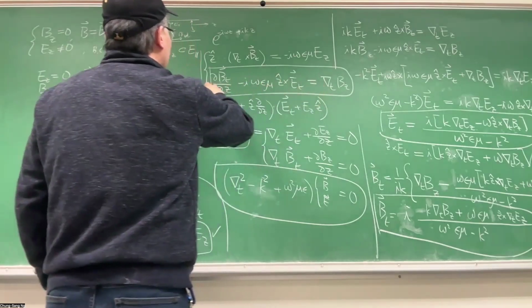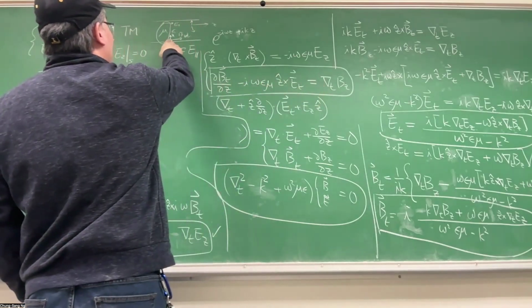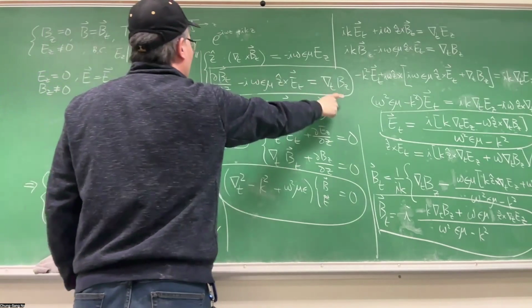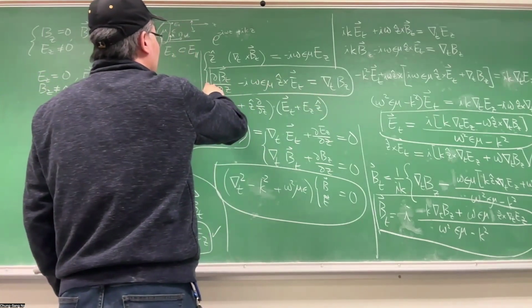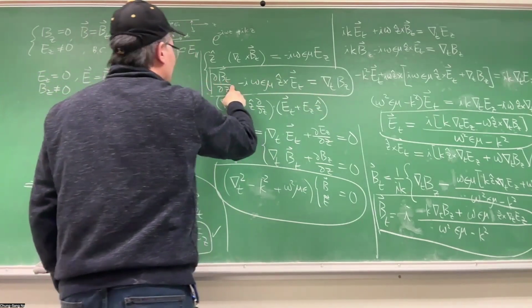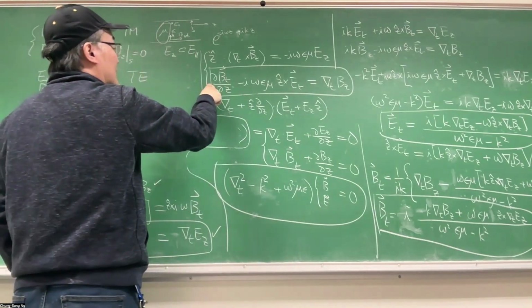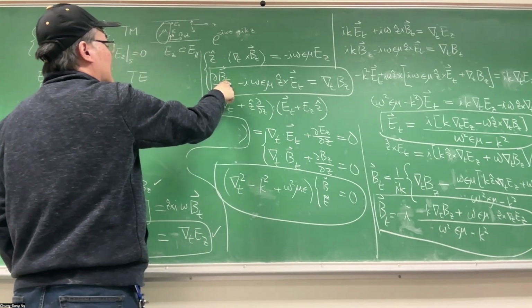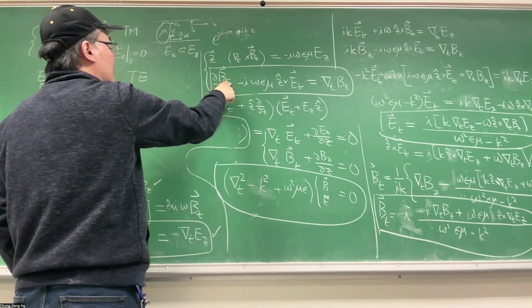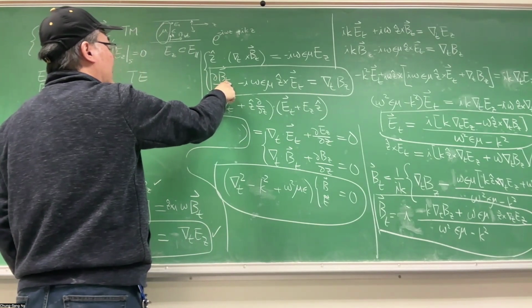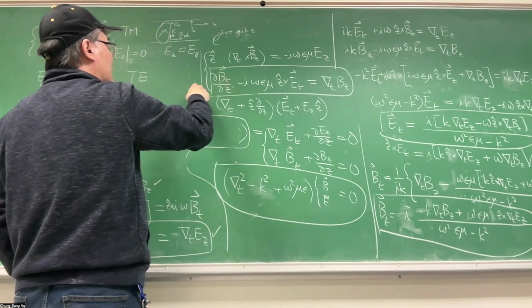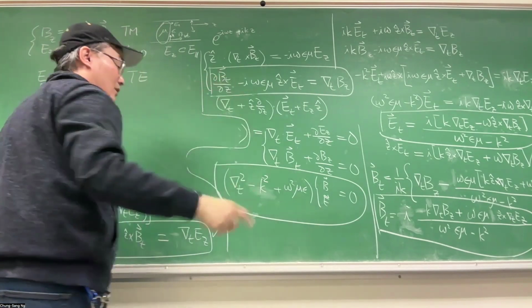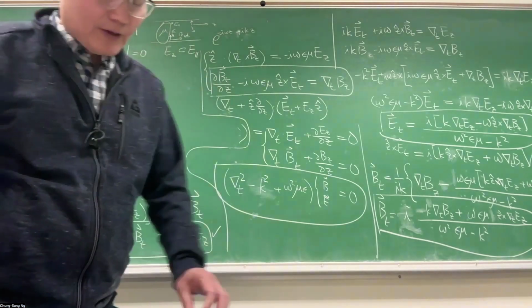One thing you can do is take a dot product with n of the whole equation, right? When you have n dot into B sub t, you get the B sub n component, which is 0, which is what we call B perpendicular in figure 8.1.